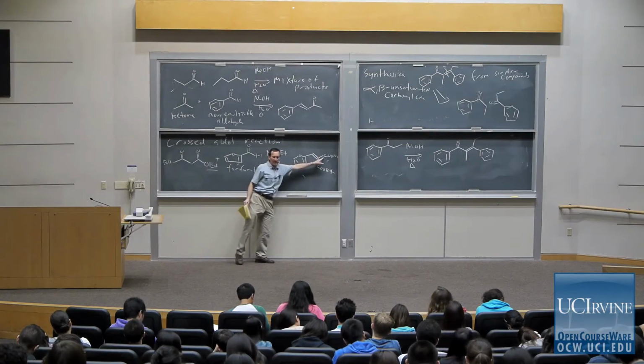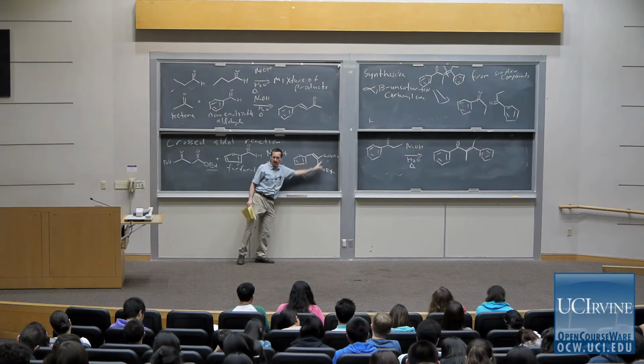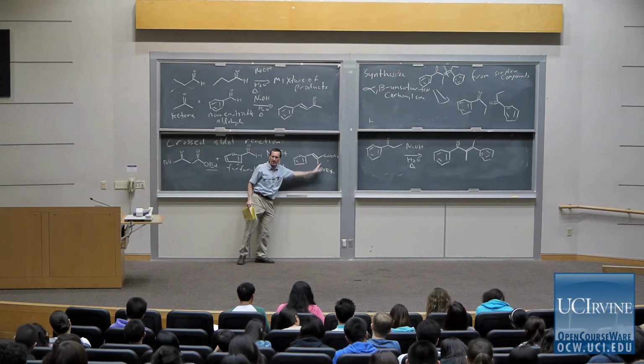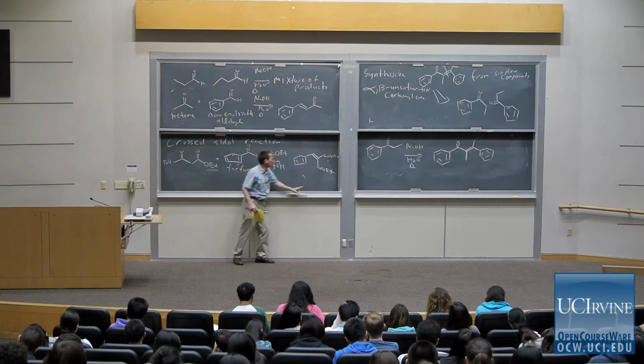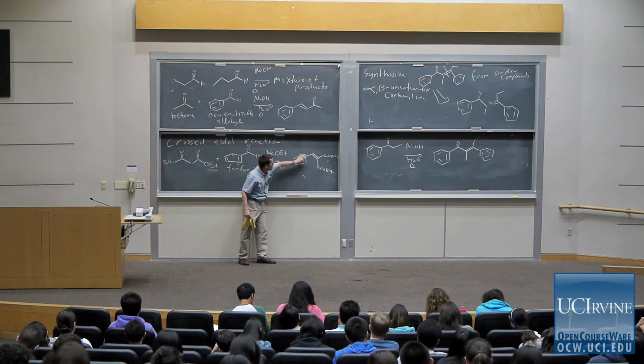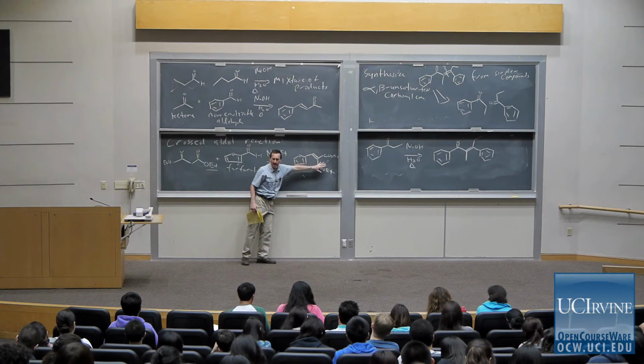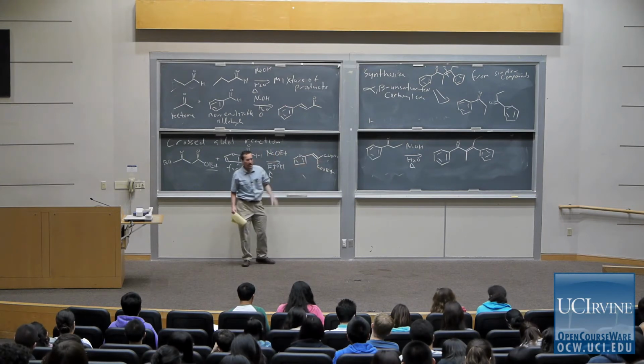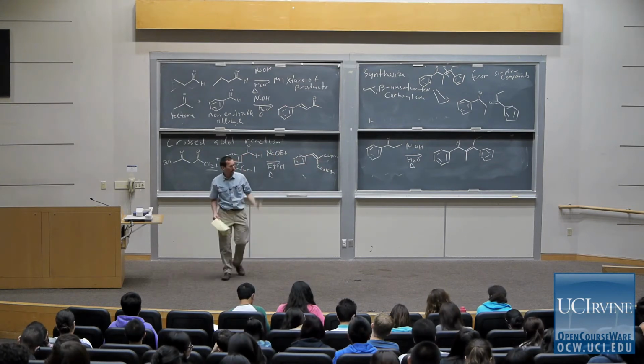It's an alpha beta unsaturated carbonyl compound, in this case an alpha beta unsaturated 1,3-dicarbonyl compound formed from a non-enolizable aldehyde and an enolate of a highly enolizable component.